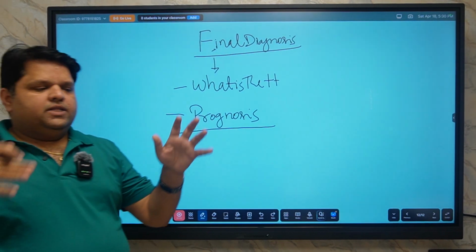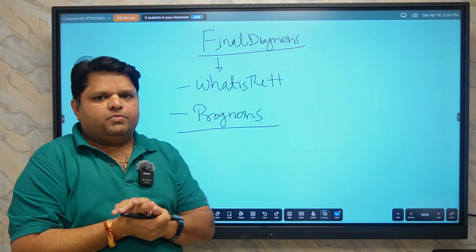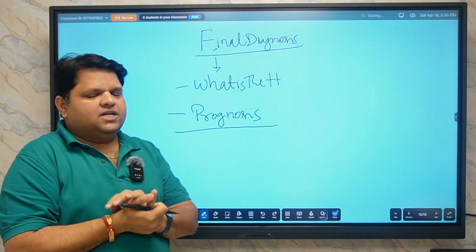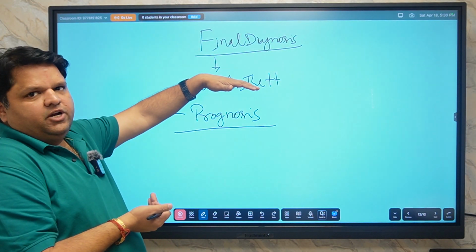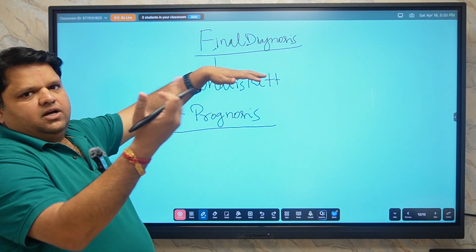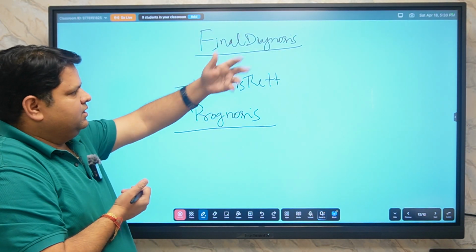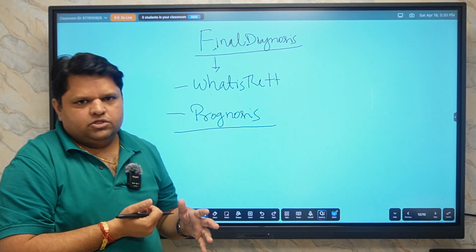So after completing the history, examination, and investigation parts, the examiner or teacher asks for the final diagnosis, what treatment is available, what research is available for that disease, and what is the prognosis.